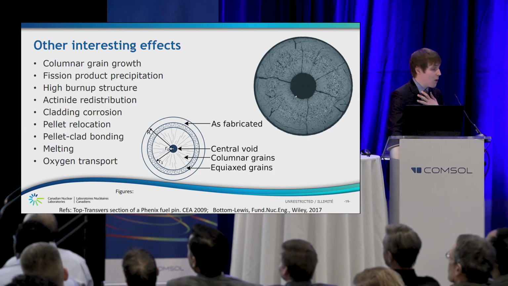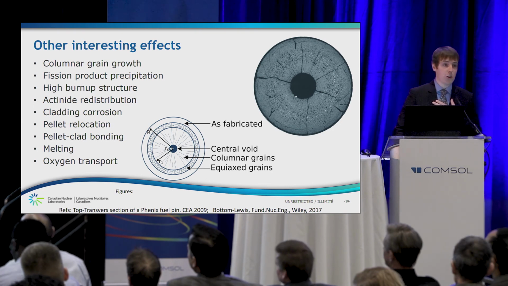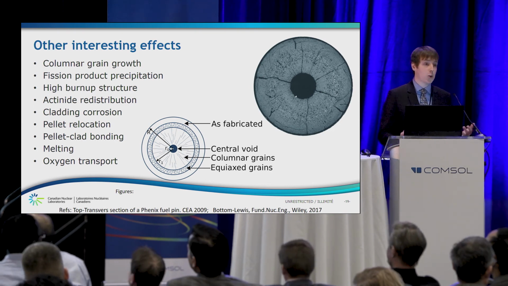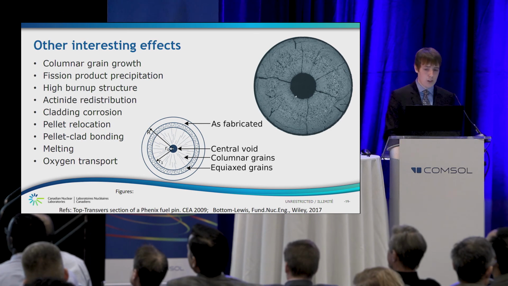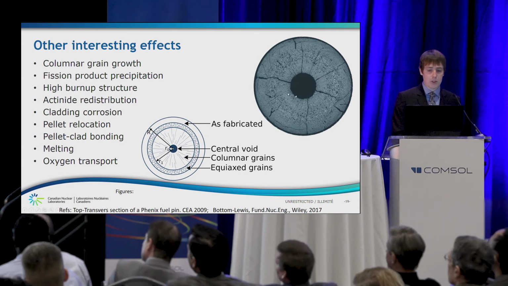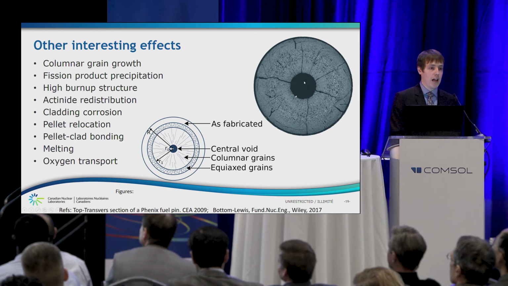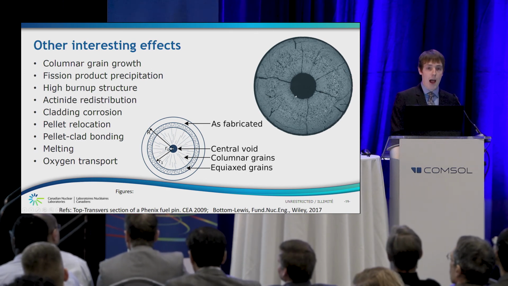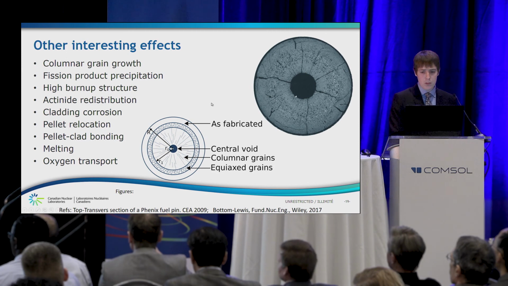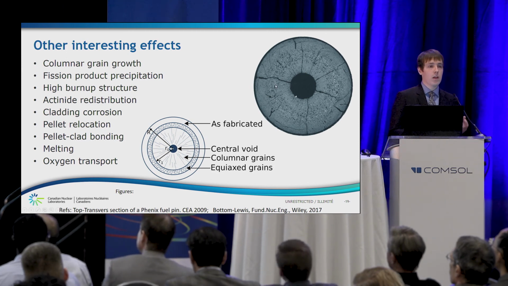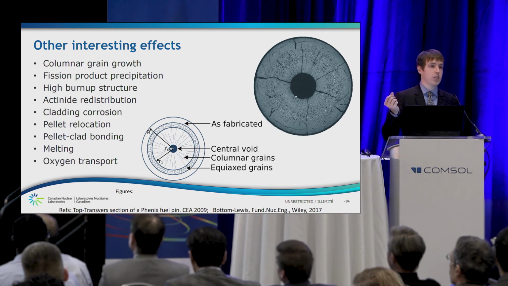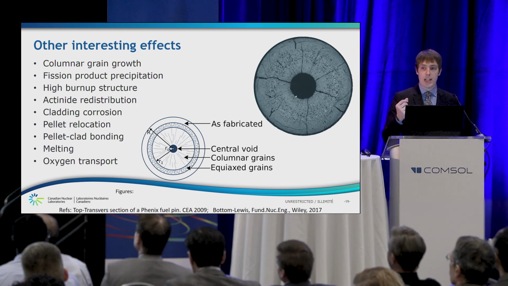As my last slide, I'm going to allude to some other interesting effects. This image on the side that looks like an eye is actually a cross-section of nuclear fuel after it's been irradiated at very high powers and very high temperatures. The pores have migrated towards the center, up the temperature gradient.